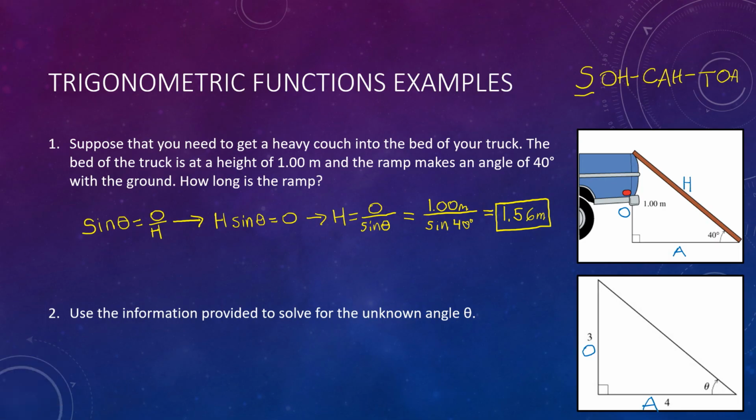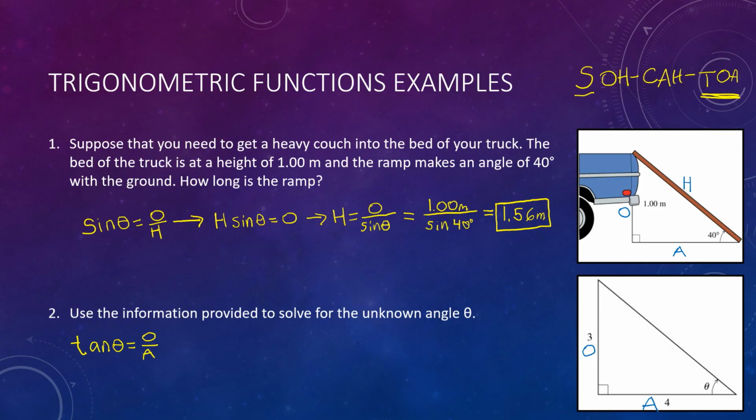Instead, recognize that we just need to pick a trig function that has the opposite and adjacent side in it. Going back to SOHCAHTOA, the one with opposite and adjacent is the one we want to apply here. In this case, that's TOA, or tangent. Tangent of theta, by definition, is equal to opposite over adjacent.